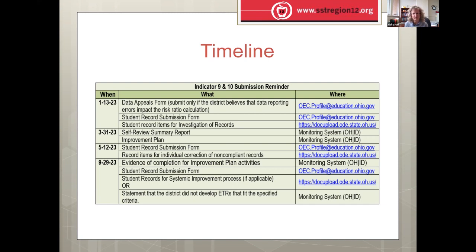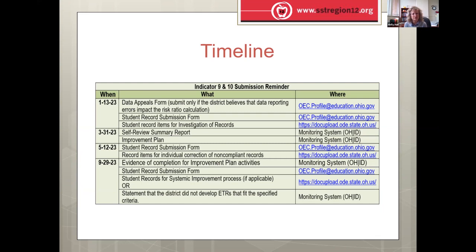And we'll be talking about these pieces, and some of you we know are already familiar in terms of these steps. And some of you are new in your positions to the districts that you're serving. So we'll make sure that anything that has been submitted in the past, that we know how to access those documents.